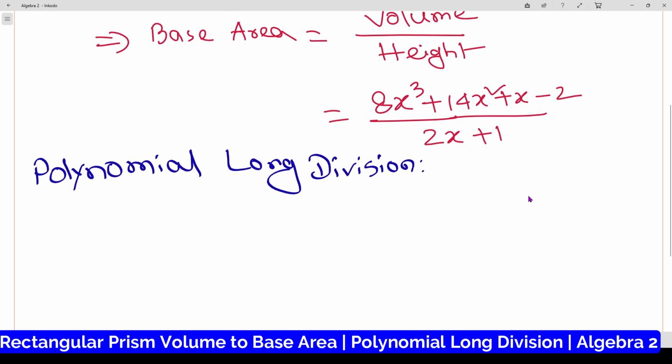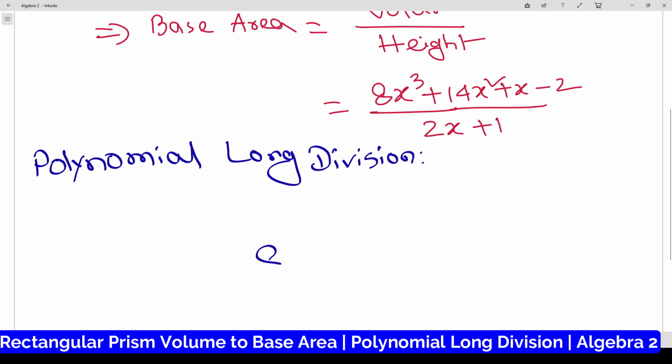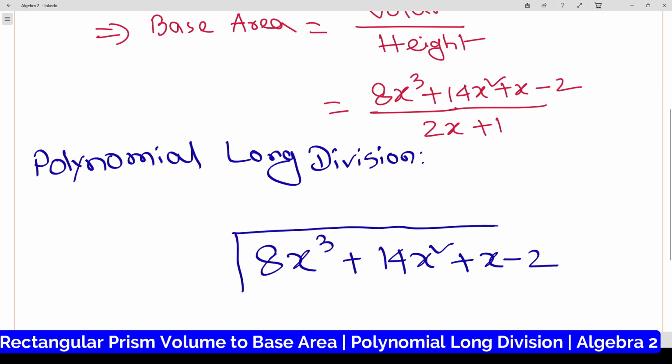So how can we solve this one? First, here is 8x cubed plus 14x squared plus x minus 2, and we will divide this by 2x plus 1.